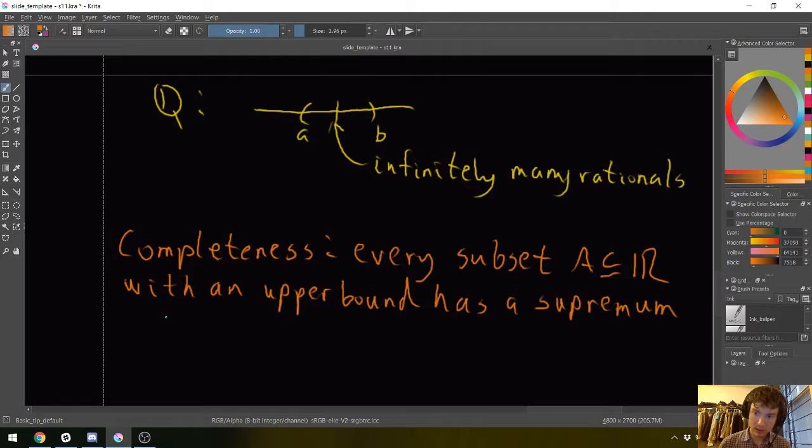And of course the supremum has to belong to R as well. Okay, do you remember, does this definition ring bells now? I do believe I recognize it.